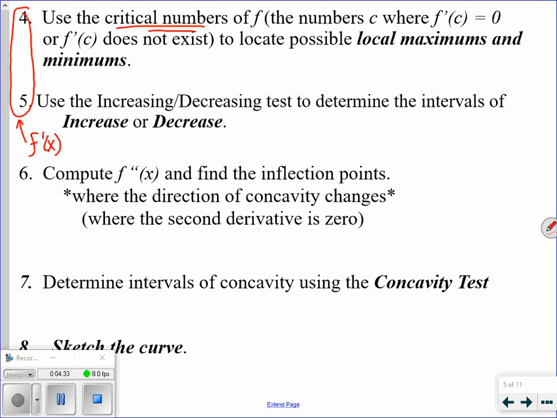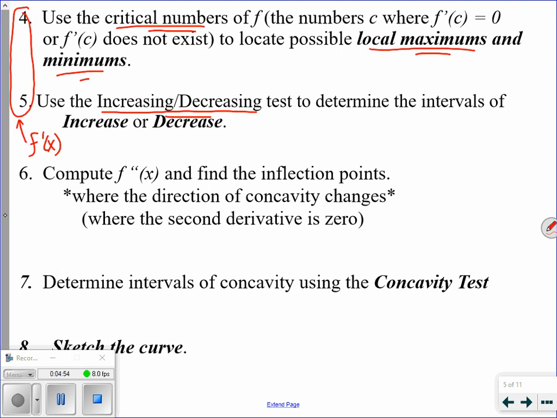We're trying to locate all of the possible maxes and mins from our critical numbers. And it's the intervals between the critical numbers that we can use to identify the increasing and decreasing intervals. So remember, the first derivative is helpful for increasing and decreasing and maxes and mins.